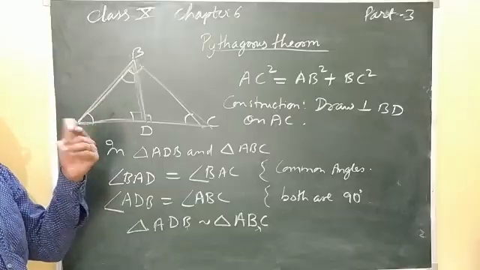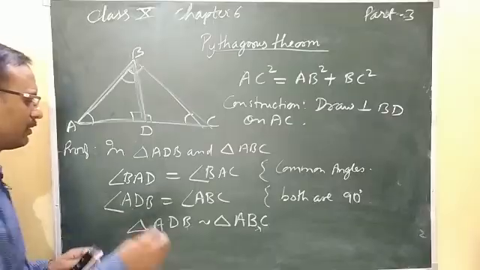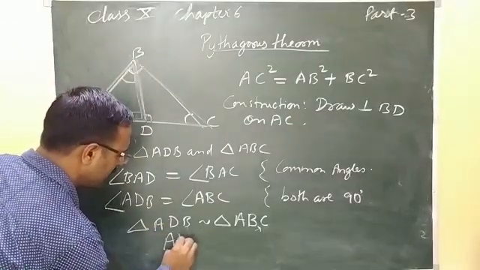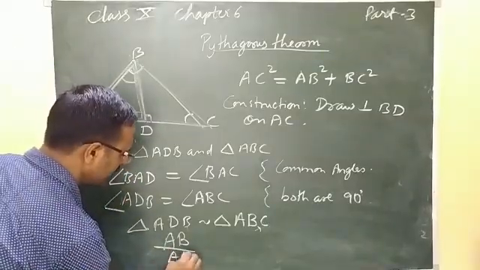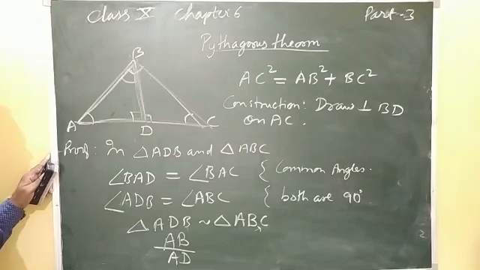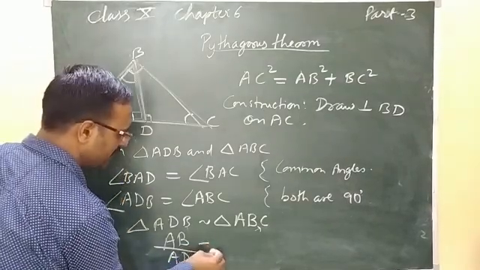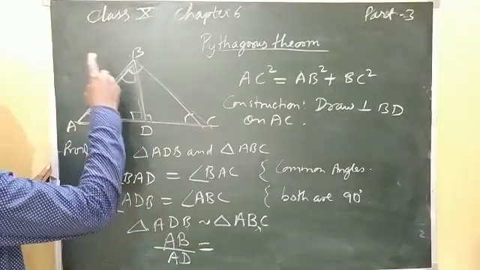AB should be multiplied with itself, and it can be multiplied if there are two ratios. How? If I take in the smaller triangle AB divided by AD, I have taken the two sides in ratio, AB upon AD, and that will be equal to, what are the two sides in the bigger triangle?